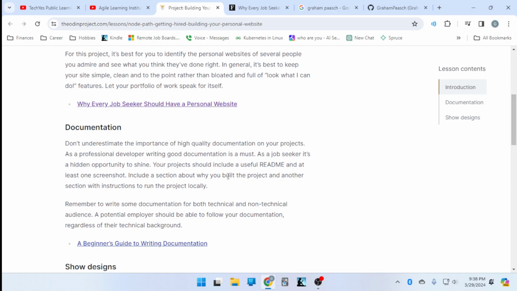So you're going to have a GitHub repo with a README, and you're going to explain what you did to build this website, where it's hosted, why you made the design decisions you made, and you're going to take at least one screenshot of some aspect of your decision process in setting up the site.